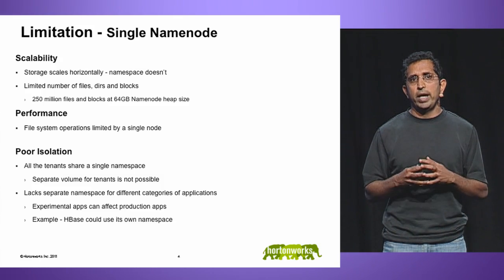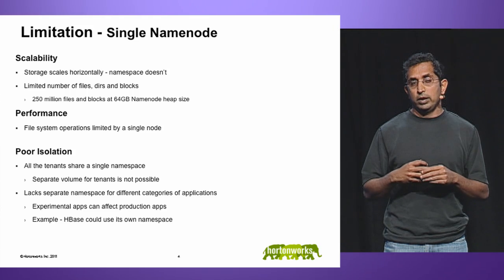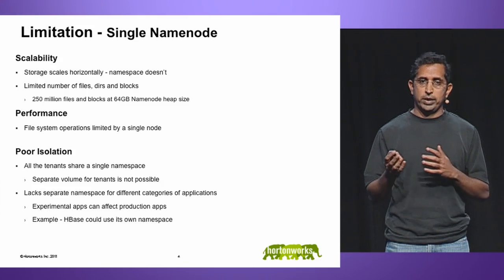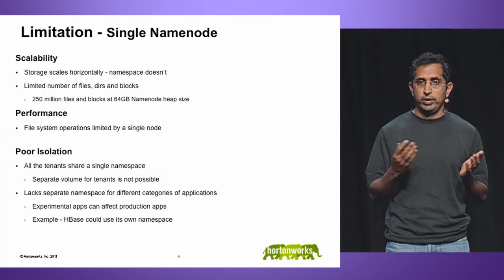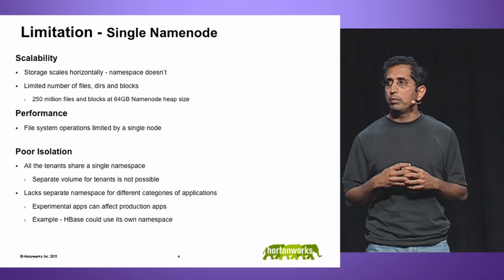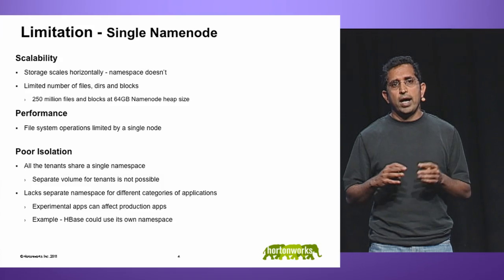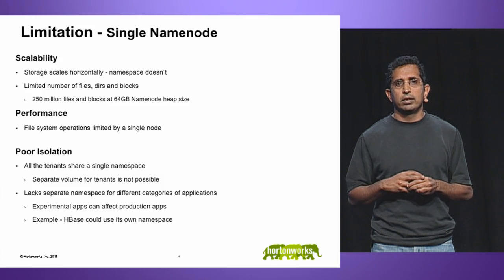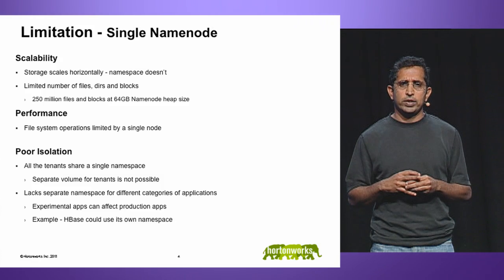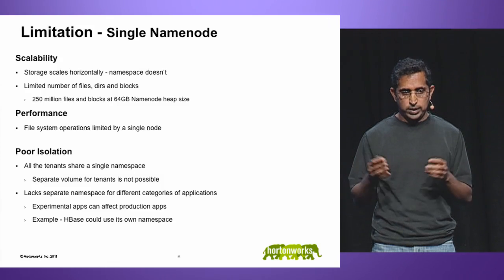They are the objects that take up the name node memory, and the fact that the name node stores the entire namespace in memory limits how many objects can be in the namespace. Currently at Yahoo, in some of our biggest clusters, which are 4,000 data node clusters, we have hit a limit of 250 million files and blocks, addressing up to 12 to 16 petabytes of storage for the kind of average block size we have.